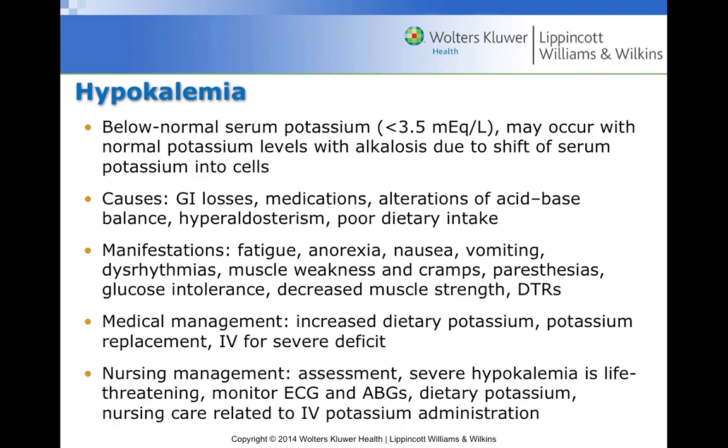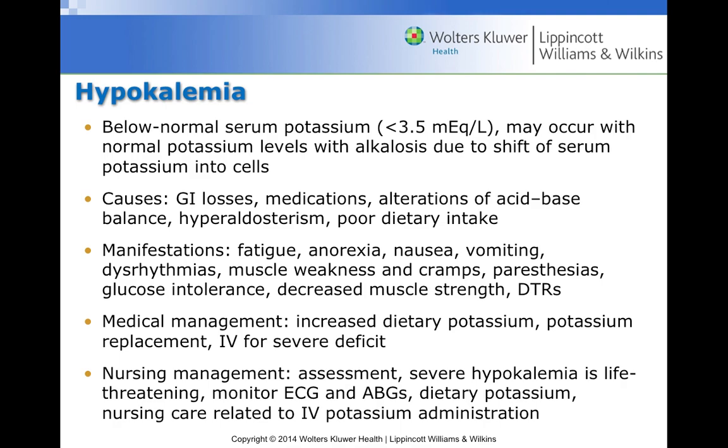The source of potassium loss is usually evident from a careful history. However, if the cause of the loss is unclear, a 24-hour urine potassium excretion test can be performed to distinguish between renal and extrarenal loss. Urinary potassium excretion exceeding 20 milliequivalents per day with hypokalemia suggests that renal potassium loss is the cause.